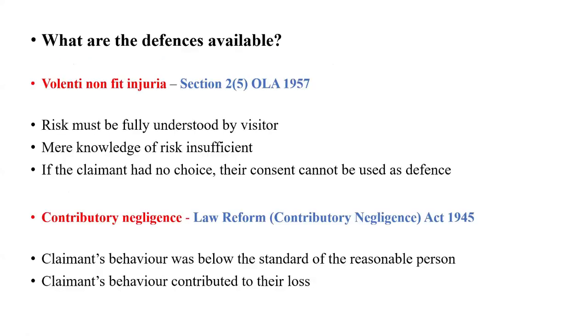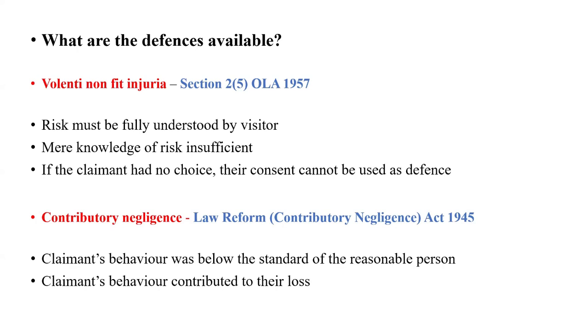So finally, we have to look at the defenses available. There are two main types of defenses. Firstly, we have volenti non fit injuria, or in other words, voluntariness of the claimant, which is described under Section 2, subsection 5 of the Occupiers Liability Act 1957. So here you have to show that the risk was fully understood by the visitor.